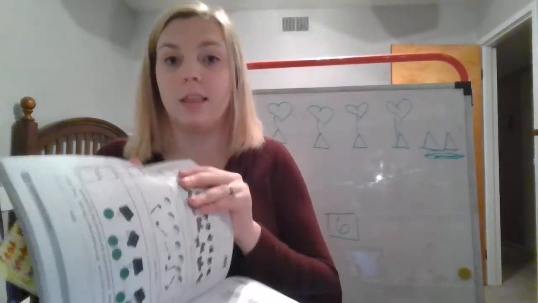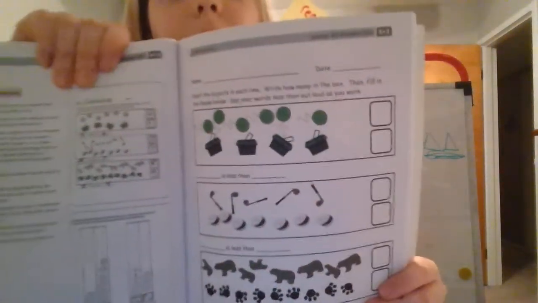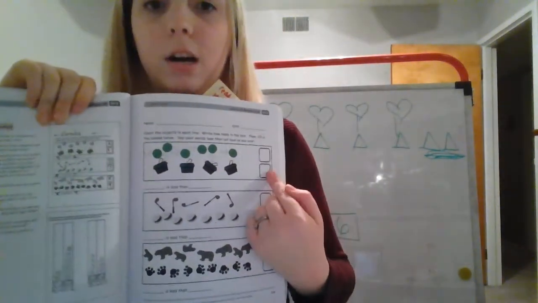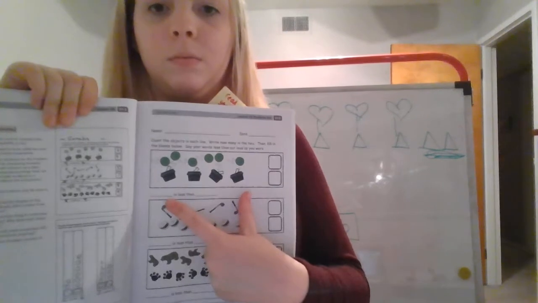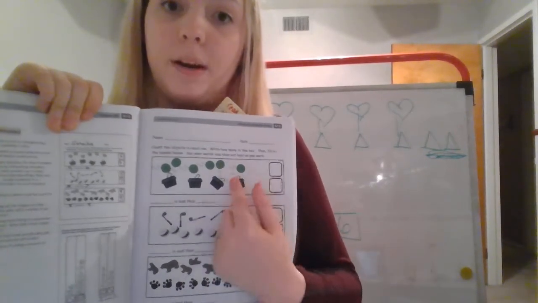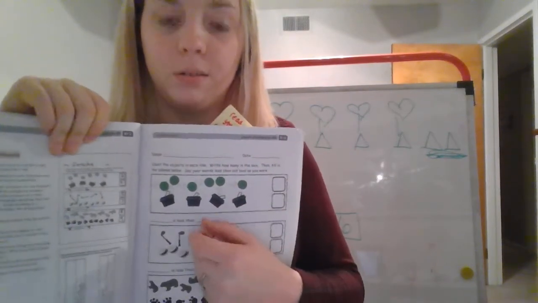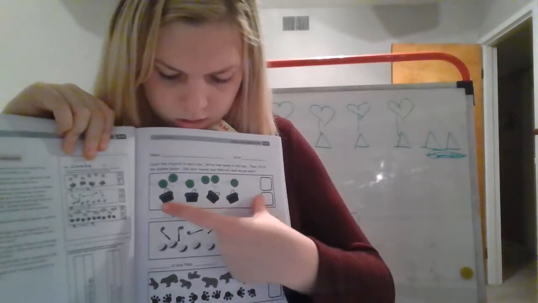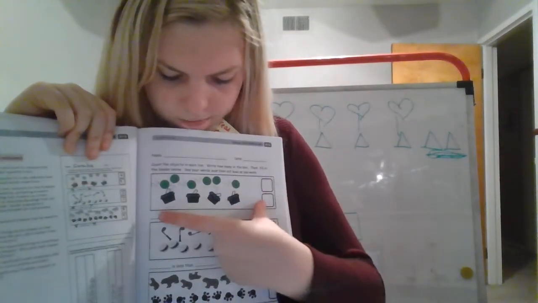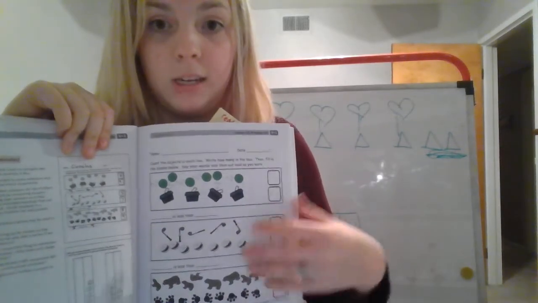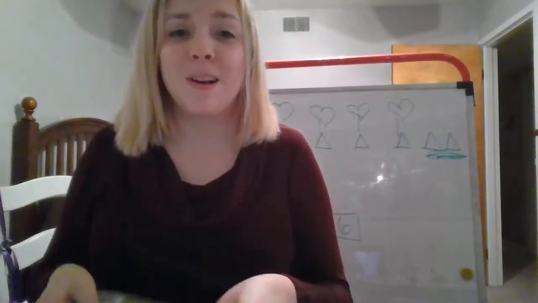And it looks like this, except it doesn't have color. And all you have to do is write how many of each there are, and then you're going to say 5 is less than 10, or however many there are. Okay, so if there's 1, 2, 3, 4, 5, 6, and you have 1, 2, 3, 4, 4 is less than 6. Okay, so you're doing this worksheet, and then you're all done with math.